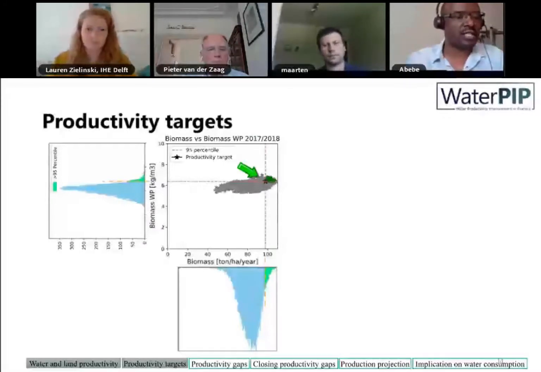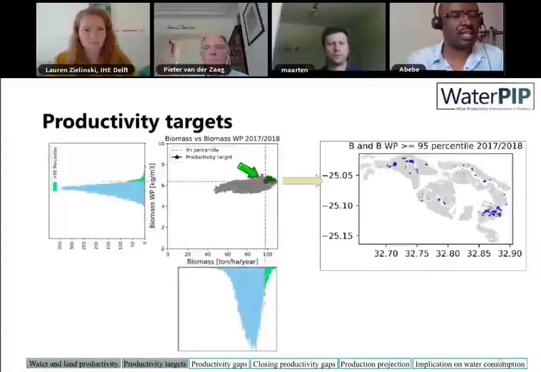Those spots which have productivity more than the 95th percentile are indicated with the green color. And in fact, they are spread across the whole space in Sinavana. So those spots could be considered, for one season, as the target.